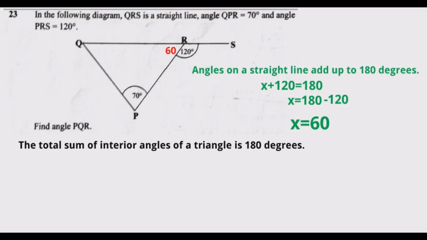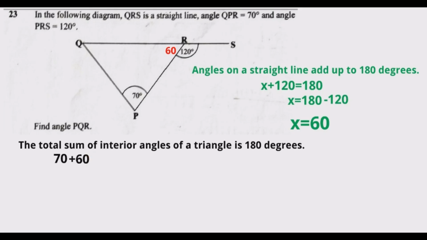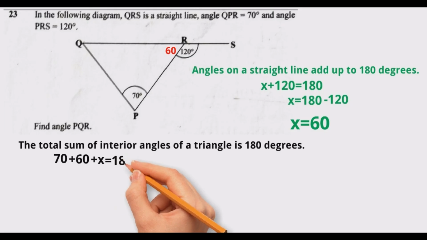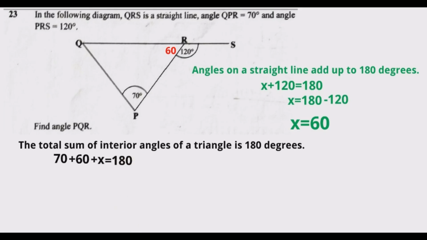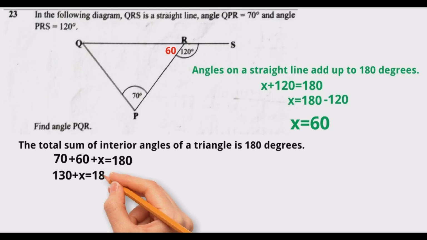So we write the equation like this: 70 plus, at QRP we have 60, so plus 60, then PQR we don't know, so we write X, equals 180 degrees. 70 plus 60 is 130, plus X equals 180.